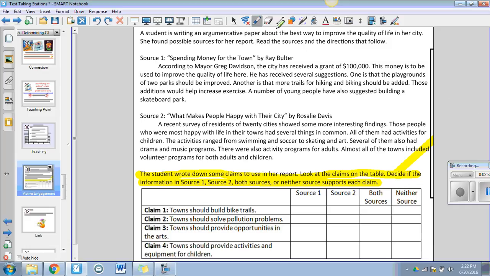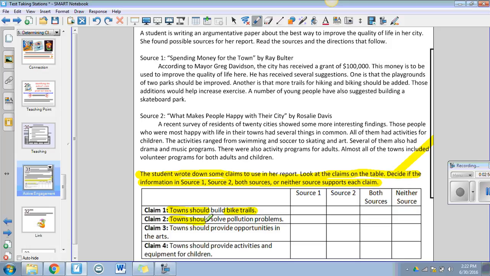The next thing that you want to do is go through and read your claims. Also, identify important words as you read. Claim 1 says towns should build bike trails. Your important words here would be towns should build bike trails. Claim 2 would be towns should solve pollution problems.